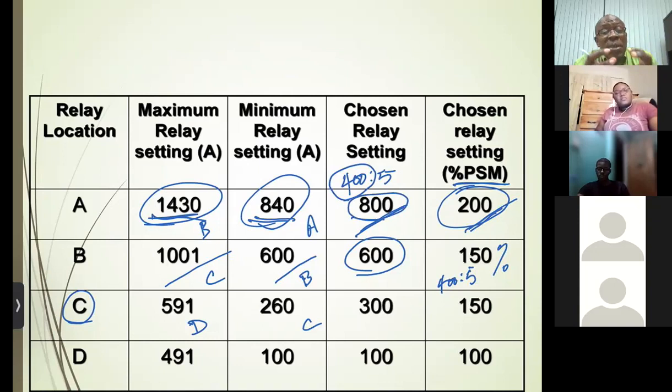Remember, I know the CT is fixed. And what we are doing in setting the relay is to find the current at which the relay will operate. And the settings I have are 200%, 150%, 100%, etc. Those are the settings I have.